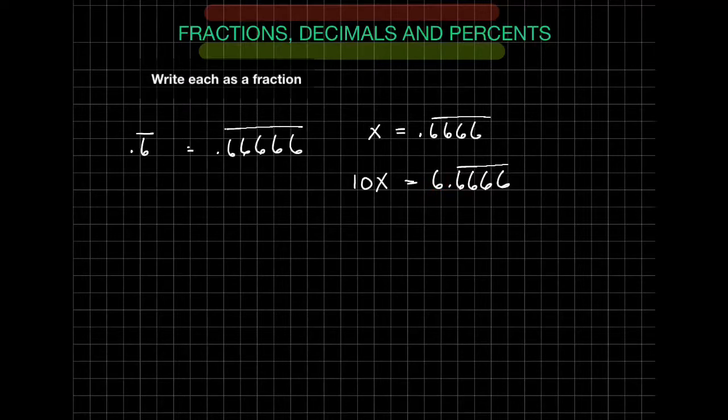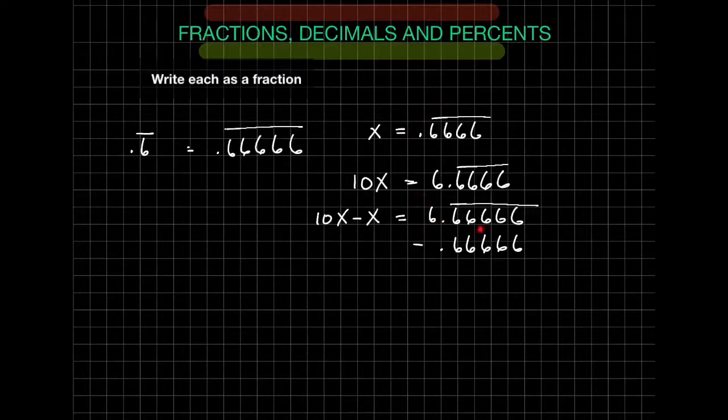And now we're going to say that 10x minus x equals 6.66666, goes on forever, minus 0.66666, right? So we're just taking 10x, which equals this number here, and we're subtracting x, which is this portion.